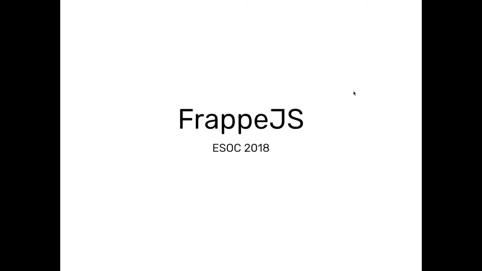So yesterday we went through a basic overview of how the Frappe.js folder structure has been organized, and also how other apps, other projects can use Frappe.js, like accounting and game plan.